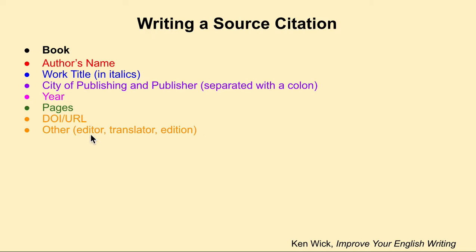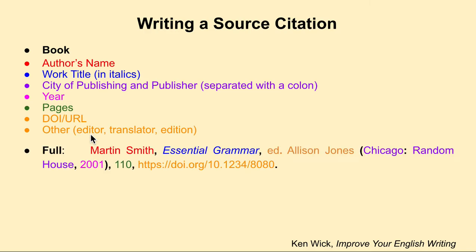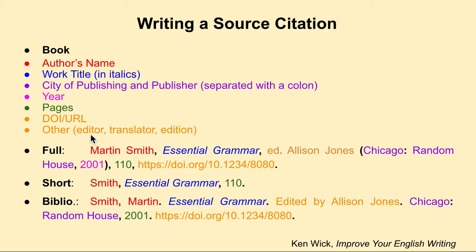So let's go over the 3 examples. So this is basically, I do the same source citation in 3 different formats. I do it in a full format, I do it in a short format, and I do it in a bibliography format. So let's say you had this work here by Martin Smith, Essential Grammar, published 2001, page 110. So how you do this in a full citation is you list the author with first name first, and then you do a comma.